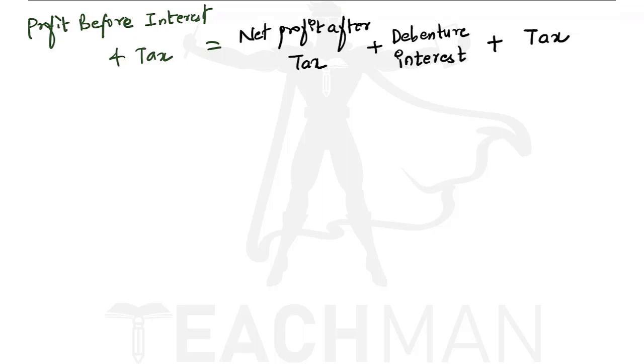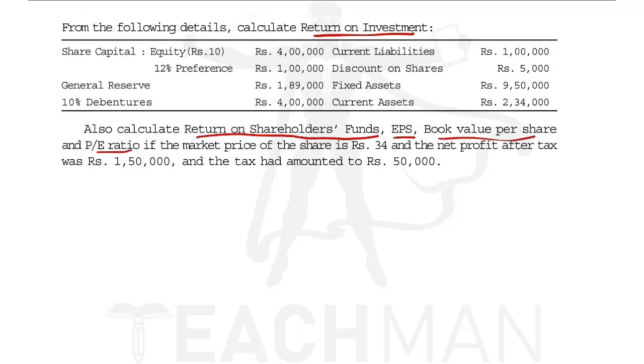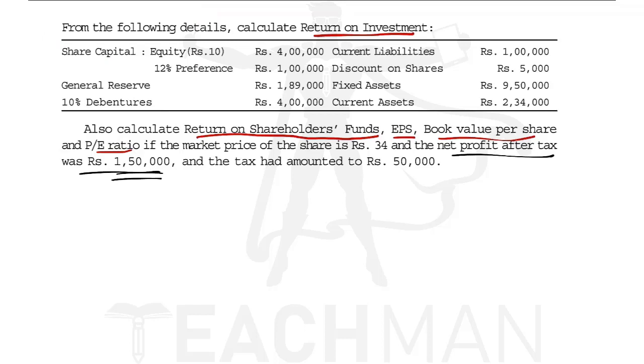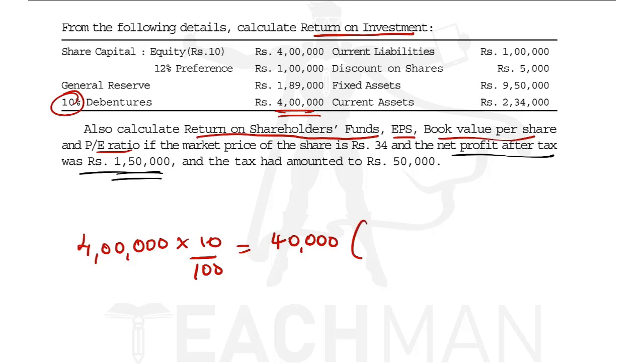Now let us write the values. So for net profit after tax, in the question they have given net profit after tax was 1,50,000. So 1,50,000 plus debenture interest. They have given the debenture value as 4 lakh and debentures are of 10%. So it will be 10% on 4 lakh. So 4 lakh into 10 by 100 will give you 40,000 and this is the debenture interest.